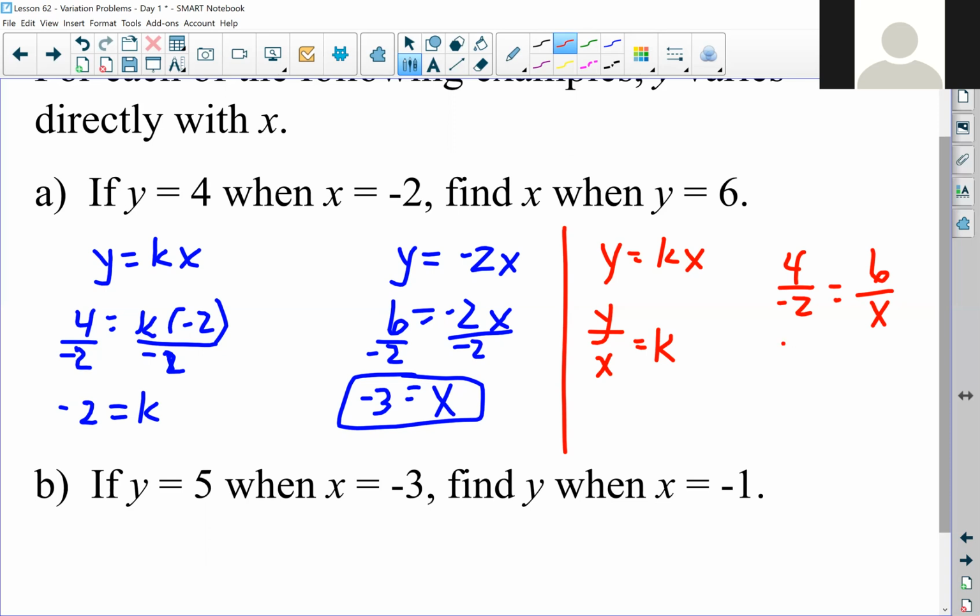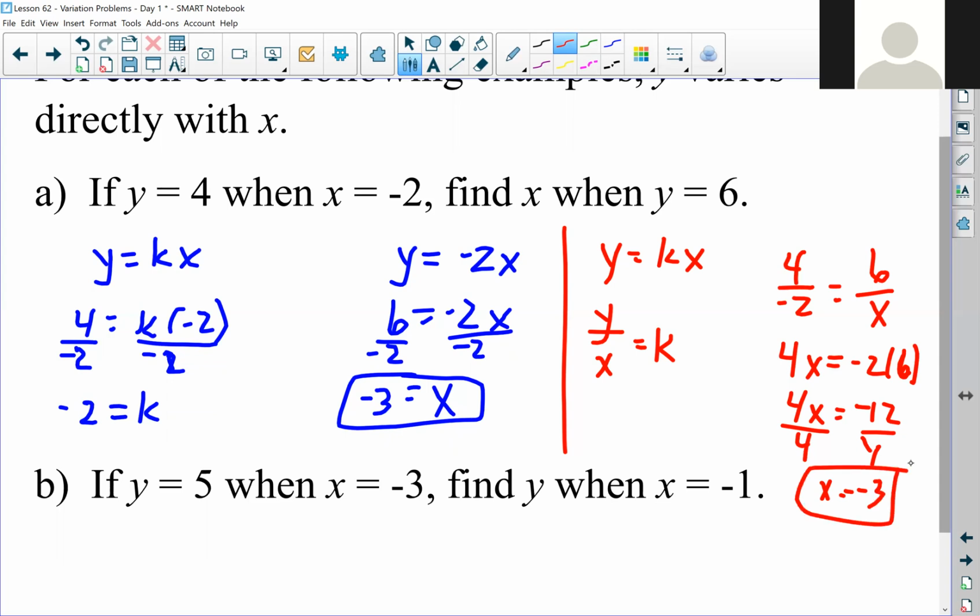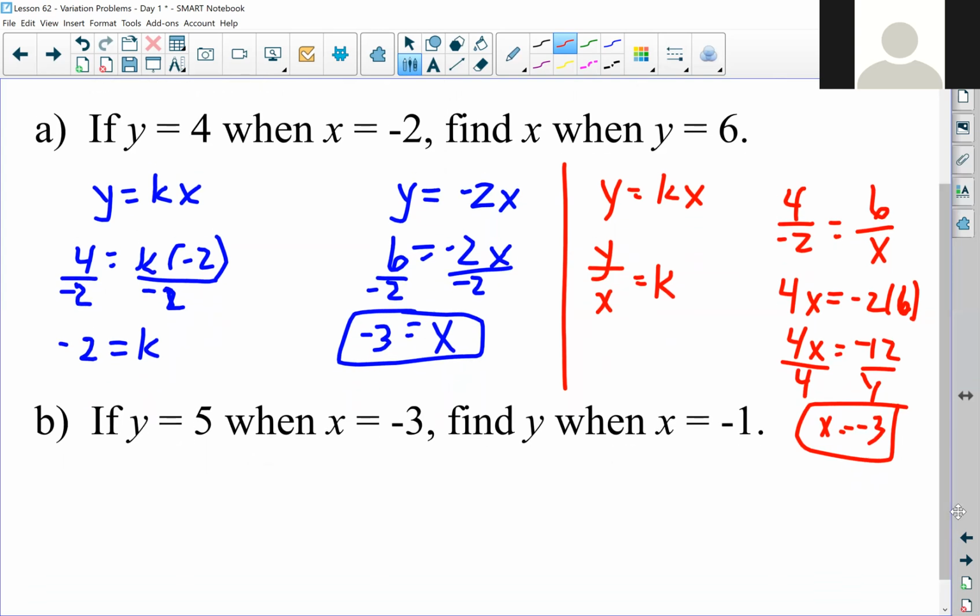Cross multiply. So either method would work. Just make sure you're consistent on putting the y in the numerator and the x in the denominator.